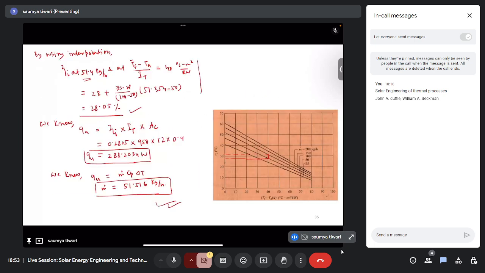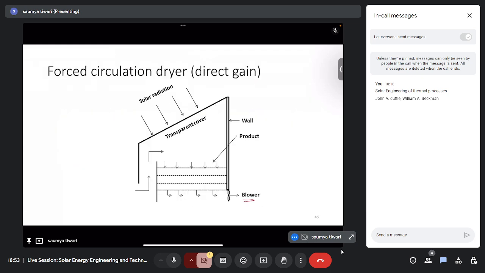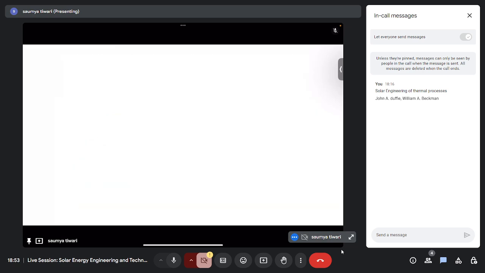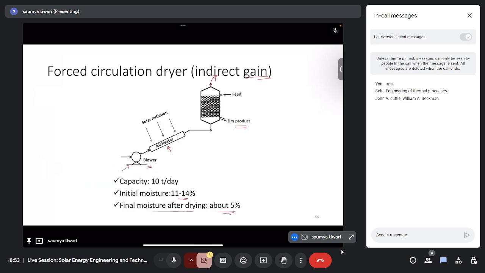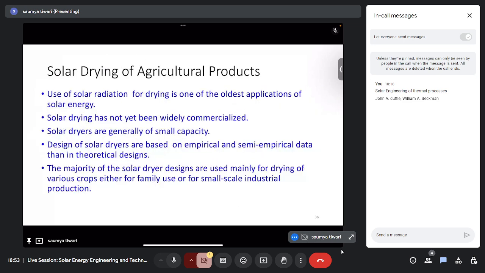Okay, moving on to the next part of this solar air heater: solar drying for agricultural products. So how are solar air heaters used for drying of agricultural products?